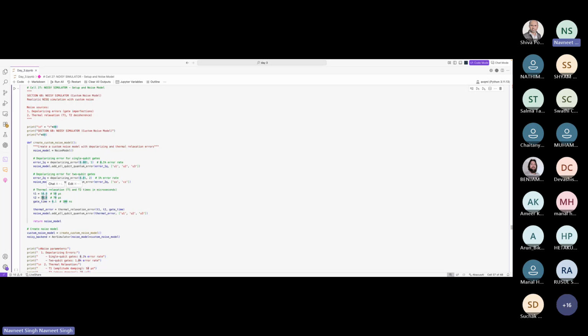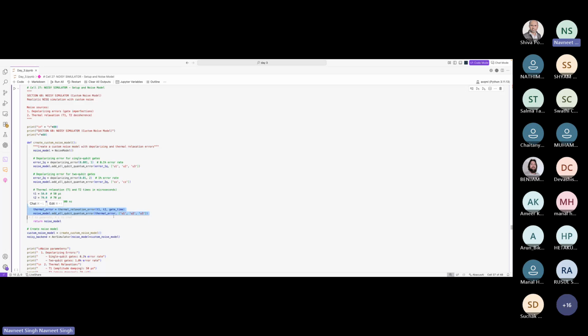Using these values, we are creating both errors in the system, and then in the end, we are combining both error channels into the one qubit and two qubit gates. That means every time we apply a gate, we apply both types of noise.